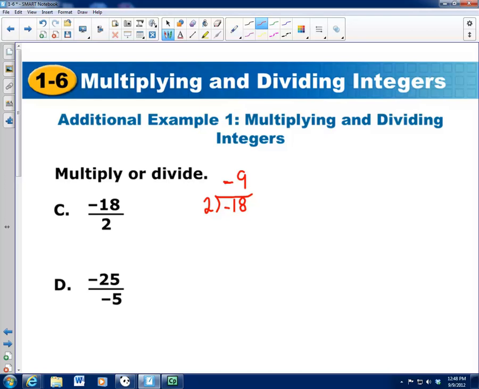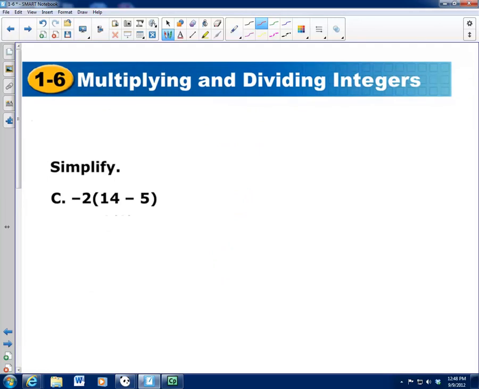So now I simply divide like I normally would. 25 divided by 5, obviously that's going to give me 5. My signs are the same, so my answer has to be positive. So my answer for that one is positive 5. It's that simple. Let's take a look at our next slide.